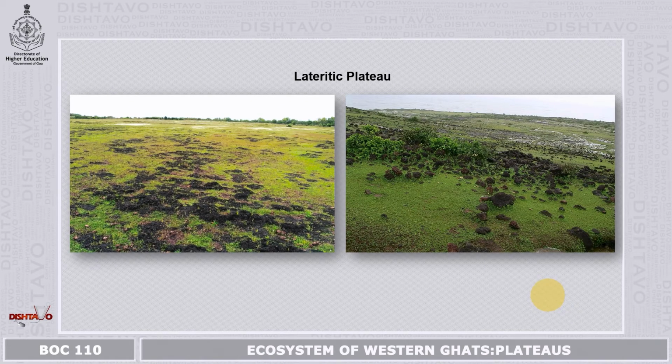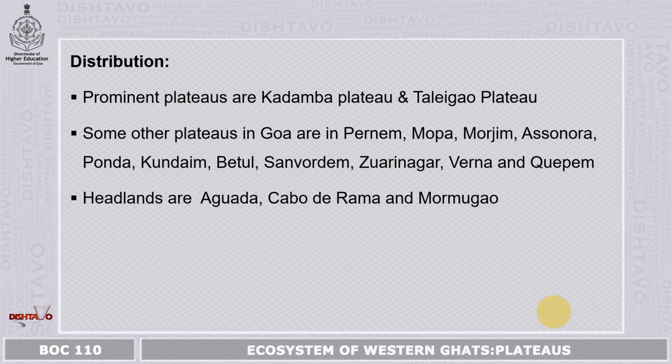These are the two typical plateaus. You can see very flat area, very vast area, and sometimes you may find little bit uneven, and both of these we may consider as headlands because they are very close to the Arabian Sea. Distribution of plateaus.